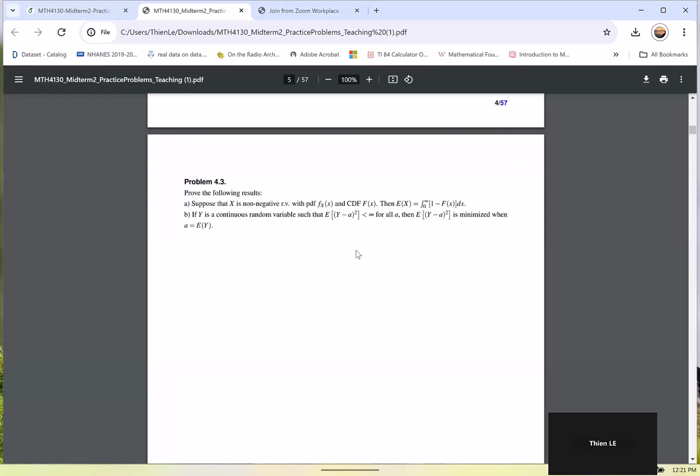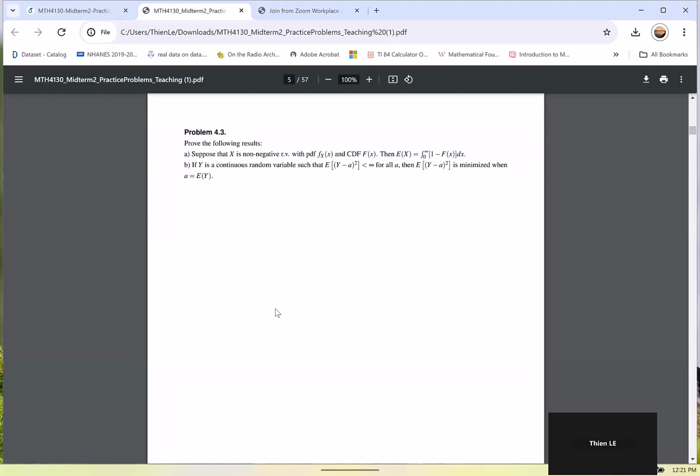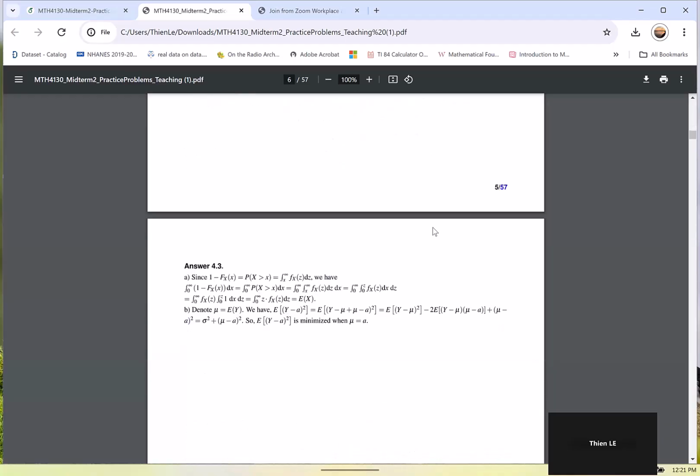Mean square error. So here, let's first look at the first problem. One smart way we can do it is to go from the right side because we have more things to do, right? So the inside function 1 subtract Fx of x is basically the probability that X is greater than or equal to small x here, and you can also write it in integral form, okay? And given that, you just rewrite it in this fashion, and it will give us a double integral like this, okay?